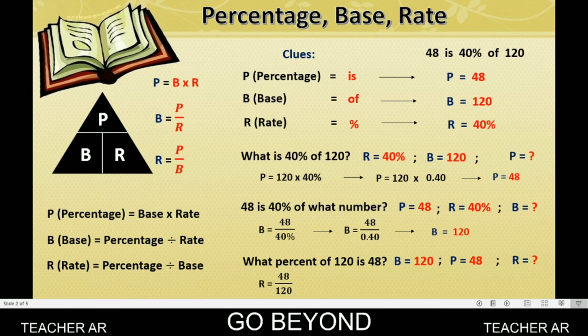Use your calculator. 48 divided by 120, the result is 0.4. And in converting decimal into percent, we simply multiply the decimal by 100. So 0.4 times 100. So our rate is 40%. So that is how we are going to identify the percentage, base, and rate.